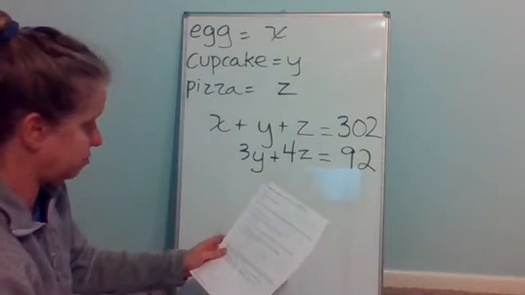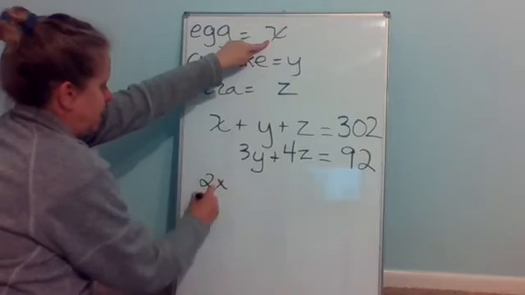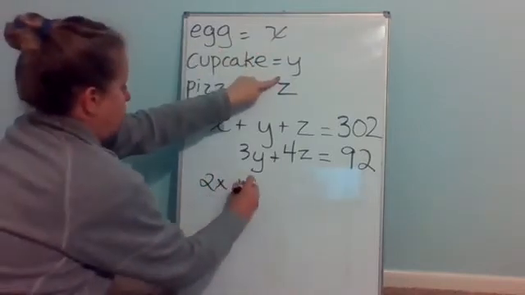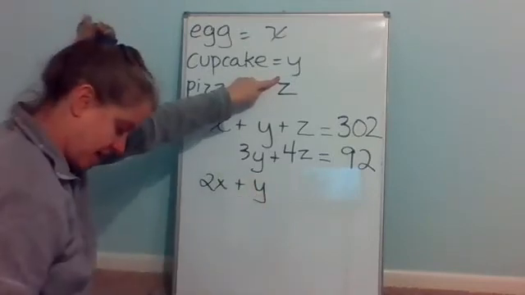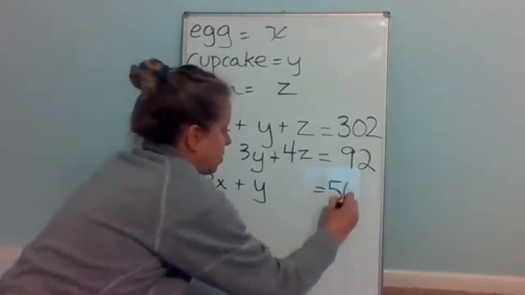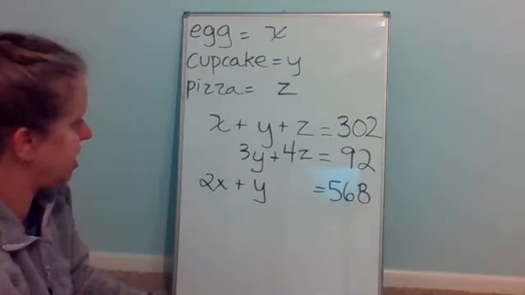And the third sentence says by eating 2 eggs, so eggs are X, so 2X, and 1 cupcake, so 1Y, the child consumes 568 milligrams of cholesterol. How much cholesterol is in each item?